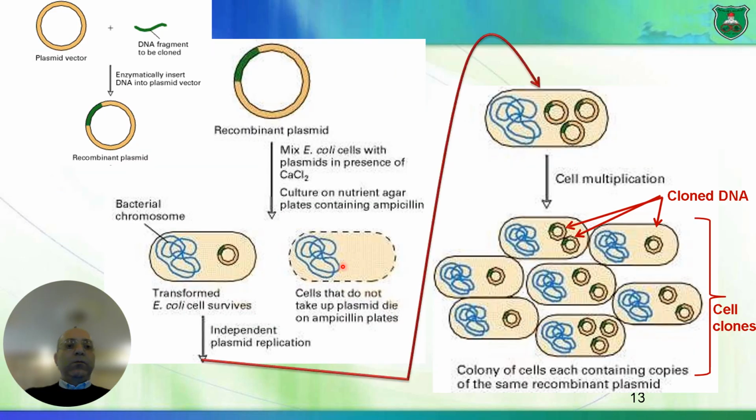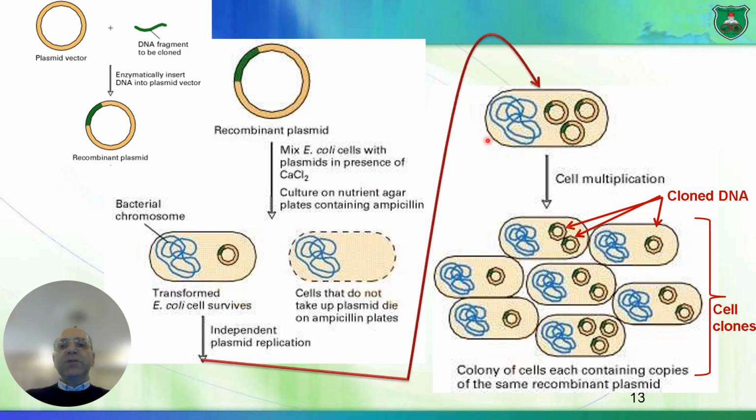Now, let's say we have bacterial cells that have a plasmid, and we have bacterial cells that do not have a plasmid. Now we add ampicillin to these bacteria. This bacterial cell would die because it is not resistant to ampicillin, and this bacterial cell would survive, because it has the plasmid that contains the recombinant DNA and the ampicillin resistance gene.